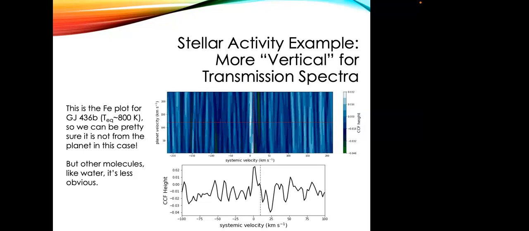We know there's not iron. Well, we're pretty sure there's not iron in GJ436b because it's at 800 Kelvin. So we're fairly sure this is from the star, which is not surprising. It's an M dwarf. It's active. But for molecules like water, where it could be in the star or the planet, not having as wide a V shape can be difficult.